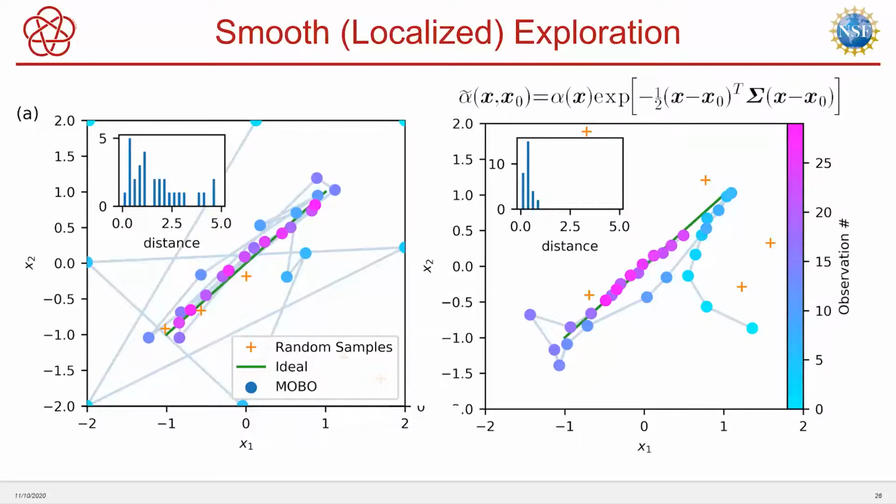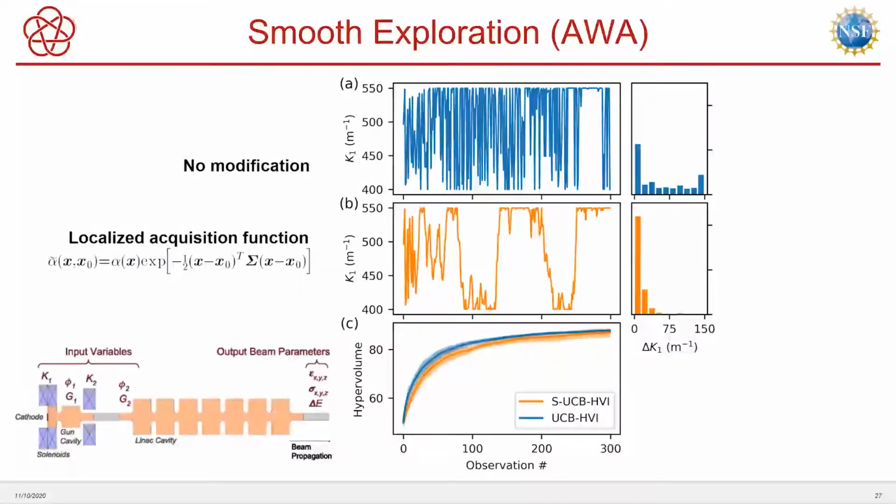And you can clearly see that the optimization algorithm slowly explores the input space, finding the Pareto front, and then traversing where the surrogate model predicts is Pareto optimal, and jumping in much smaller steps than we did previously. Now, we need to be able to see if this works in the accelerator case, and it does. So on the top here, I've plotted the first solenoid strength as a function of the observation number.